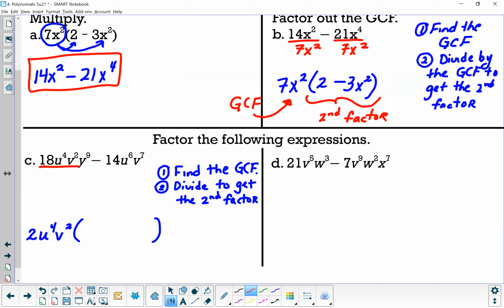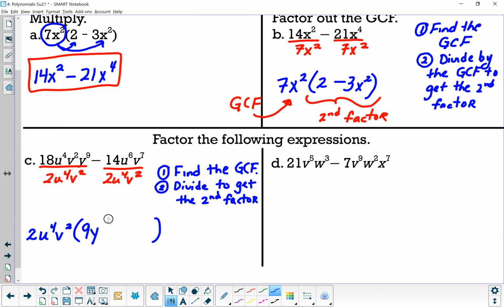So I'm dividing by 2u to the fourth v squared. Okay, 18 divided by 2 is 9. U to the fourth divided by u to the fourth is 1. V squared divided by v squared is 1. And then we have y to the ninth left.